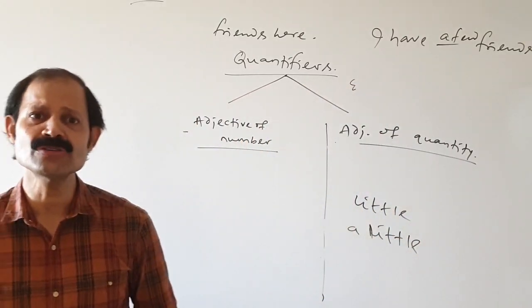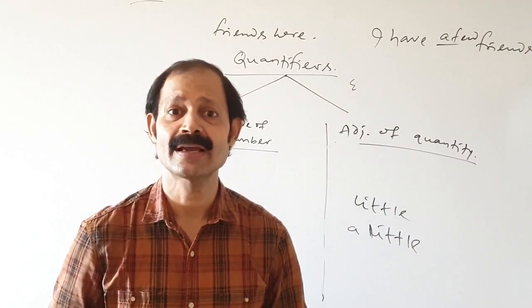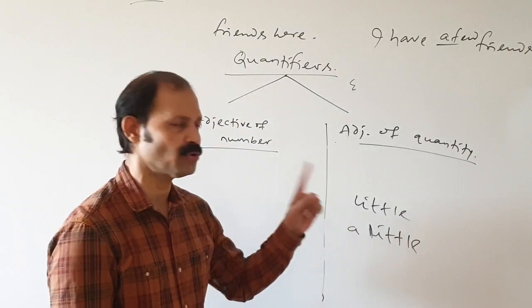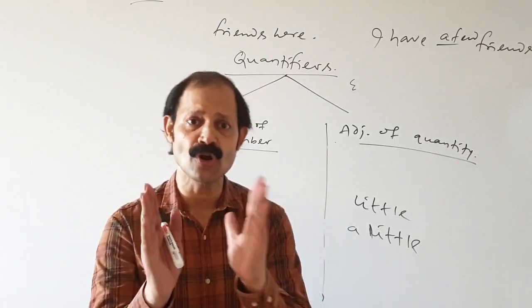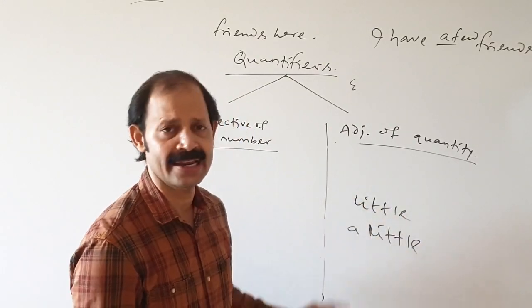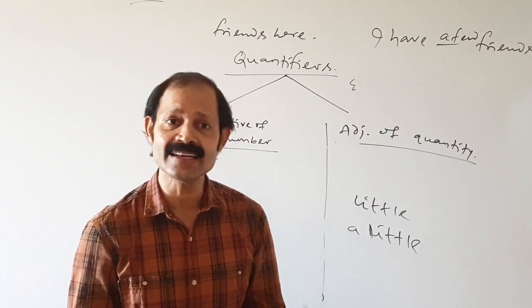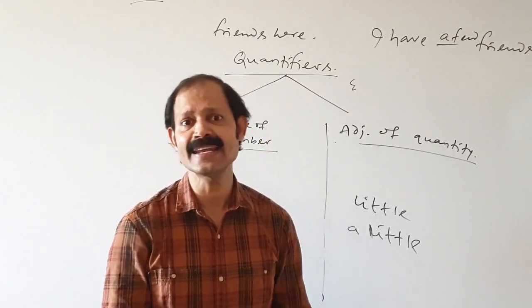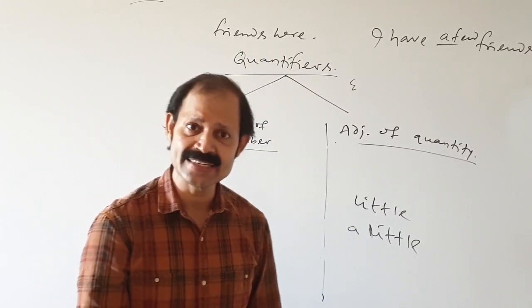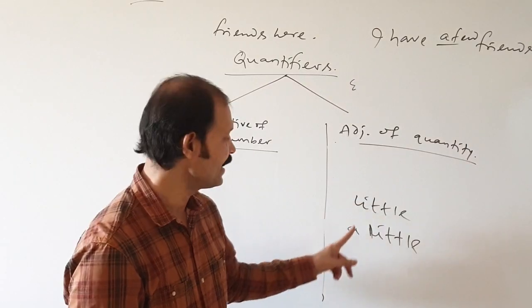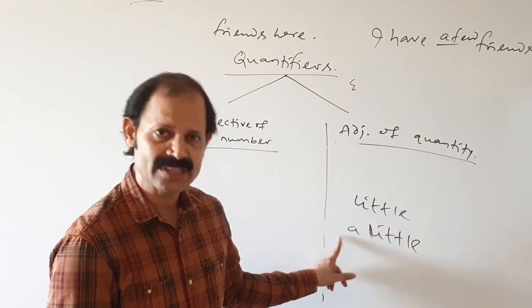The way we used few or a few in sentences with countable nouns, similarly if you are to supply words before uncountable nouns, then you have to select from little or a little. Then what is little, what is a little? The way few is used in a negative way and a few in a positive way, similarly little should be used in a negative way, a little should be used in a positive way.